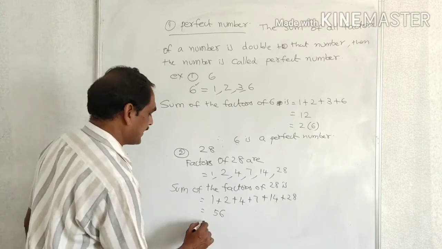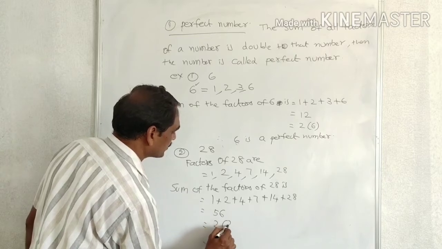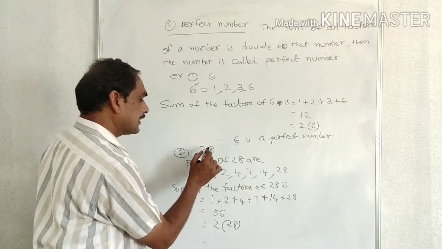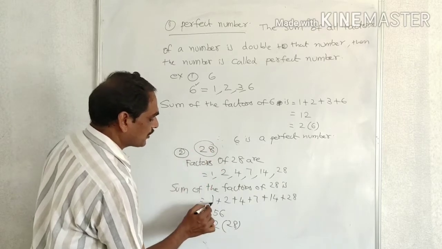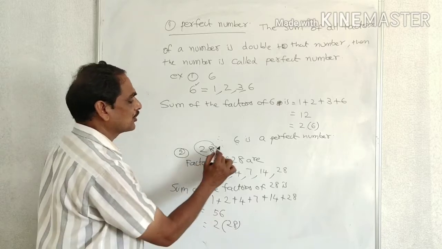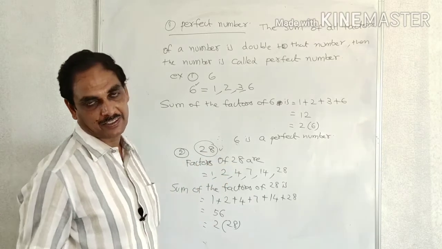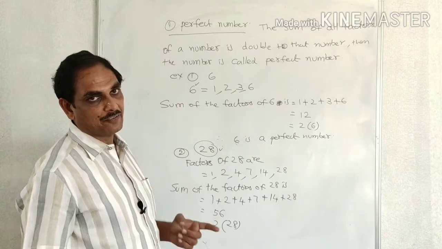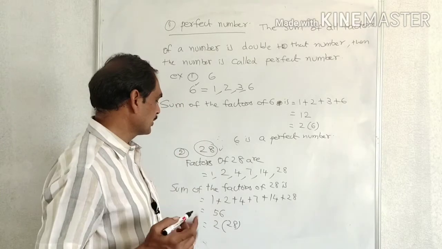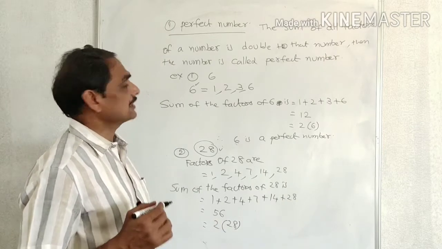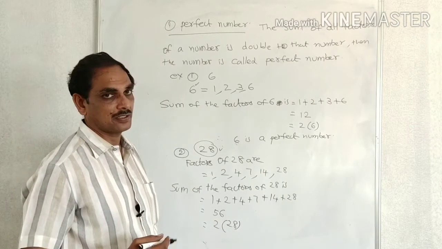We write this as double the number, 2 into 28 equals 56. So 28 is also a perfect number. The only single digit perfect number is 6 and the 2-digit perfect number is 28. So this is the first definition, perfect number.